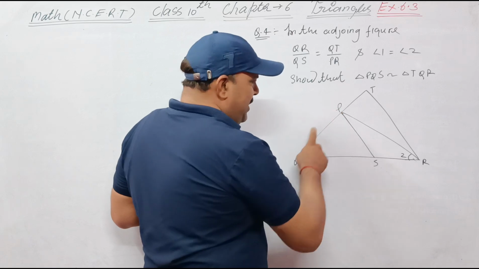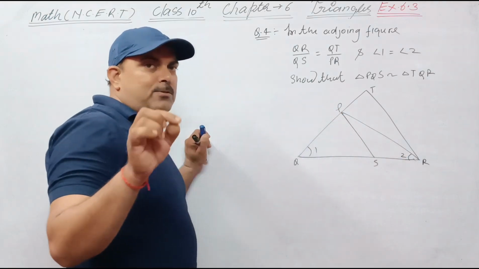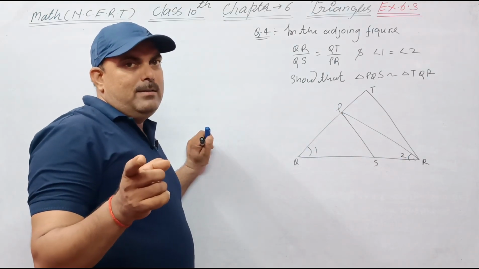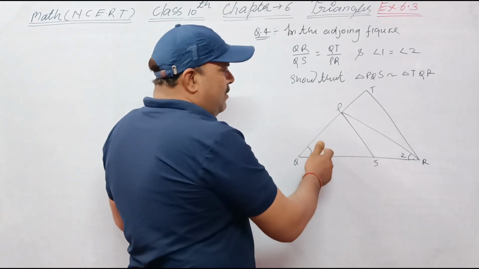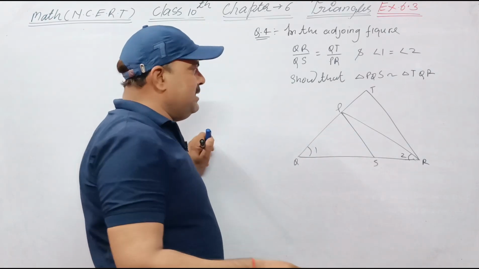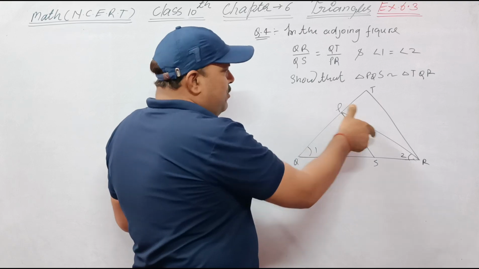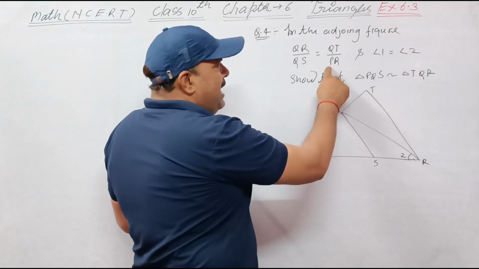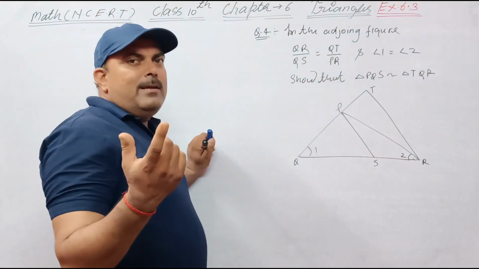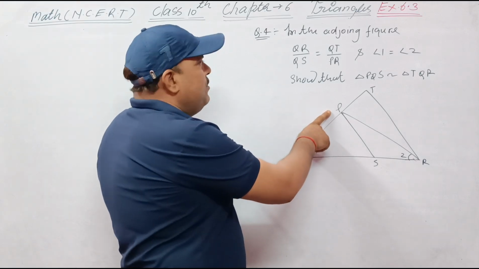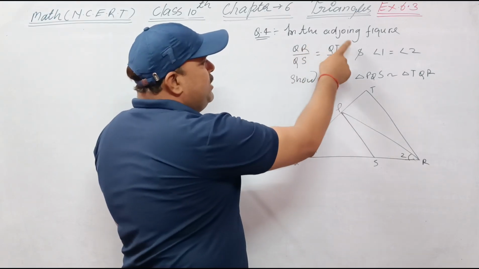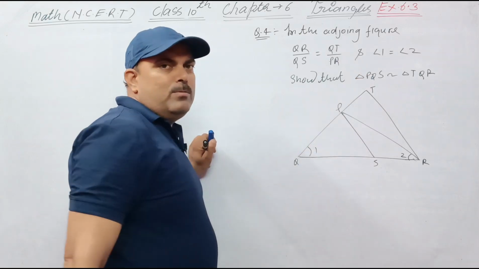That is, triangle PQR will be an isosceles triangle. Since angle 1 is equal to angle 2, the opposite sides of these angles will also be equal, means side PQ is equal to PR. That is, PR can be eliminated by PQ, means QR upon QS equals QT upon PQ.